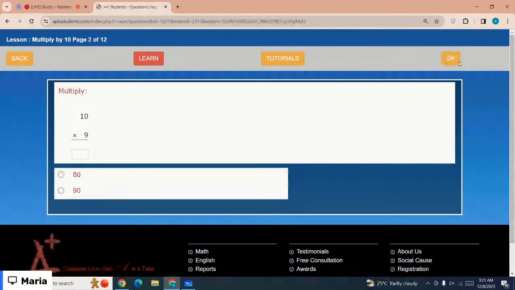The next one is multiply 10 times 9. So 10 times 9 is... Yes, it is 90. 10 times 9 equals 90. So the correct option is 90. Got it.